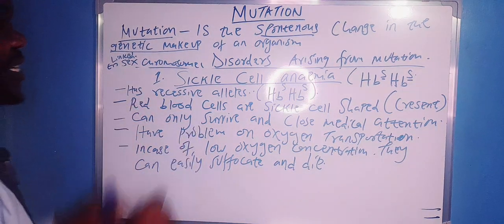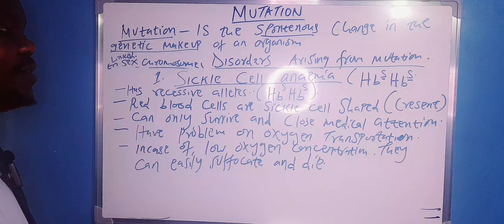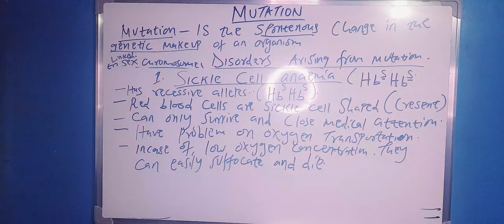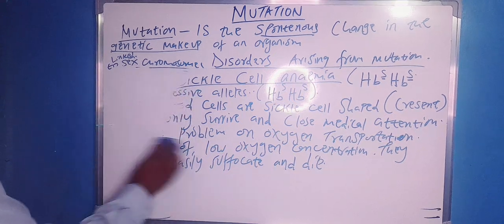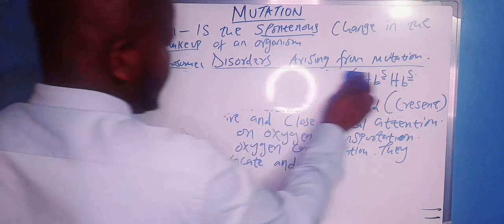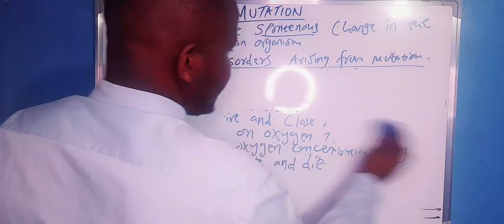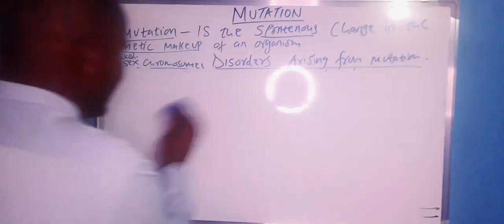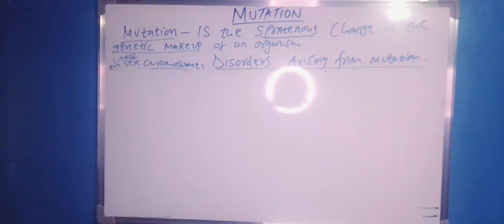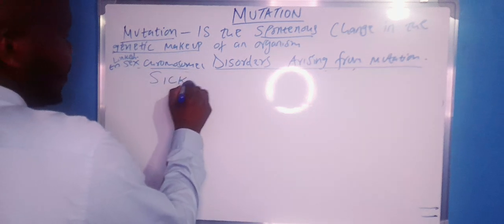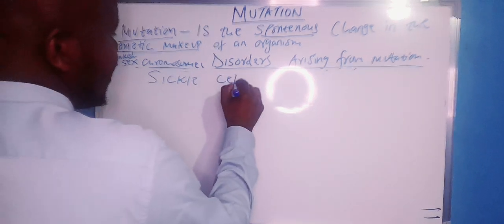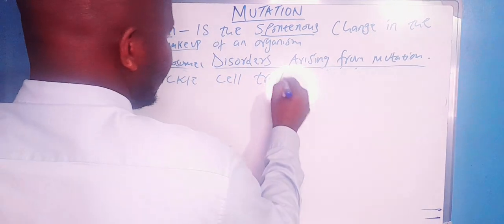This one is the sickle cell anemia. Let's do the sickle cell trait person. We have number 2. Then we'll summarize. So we are saying we have sickle cell trait.